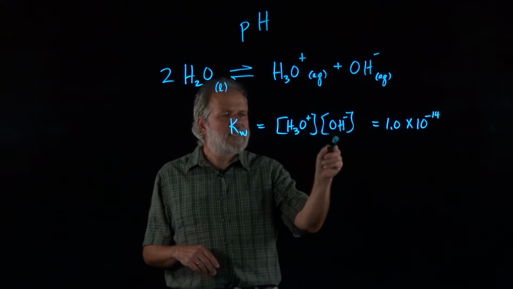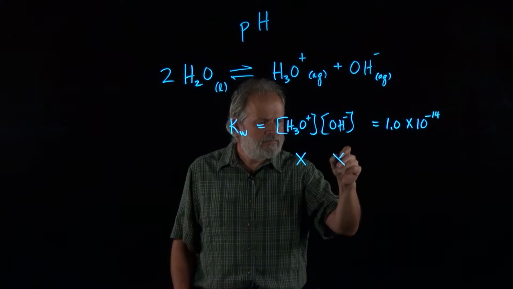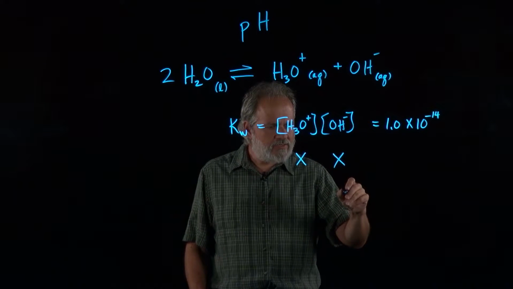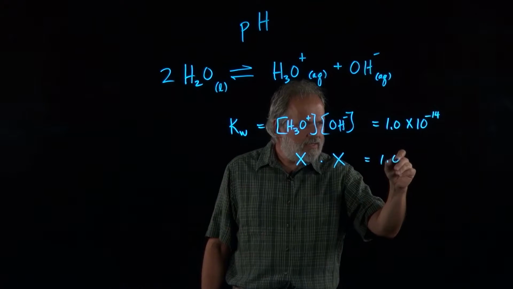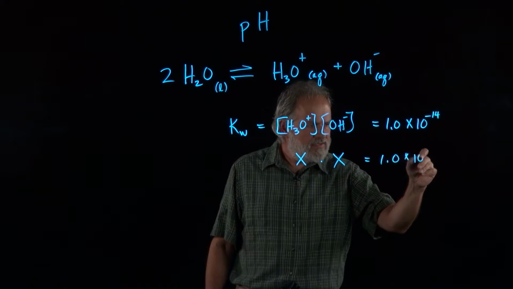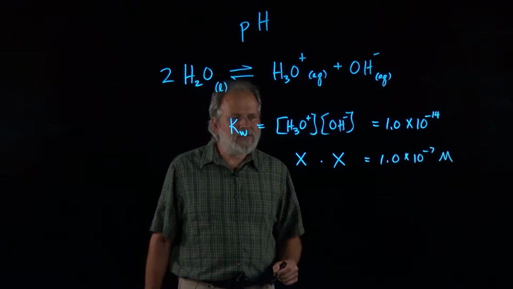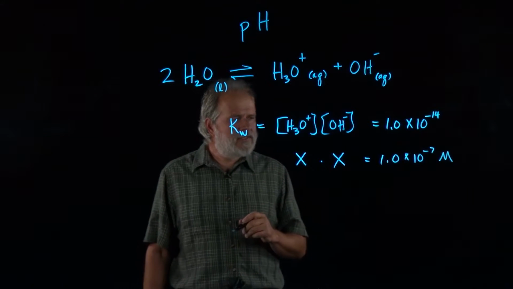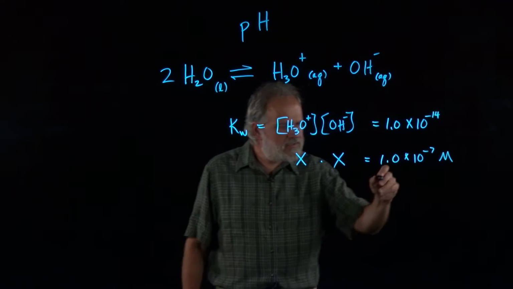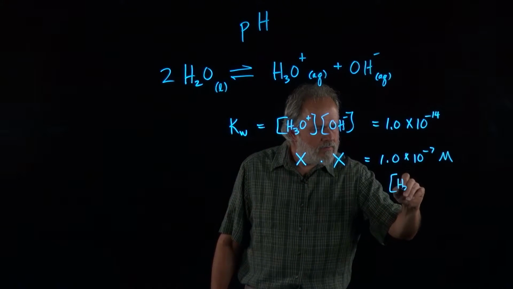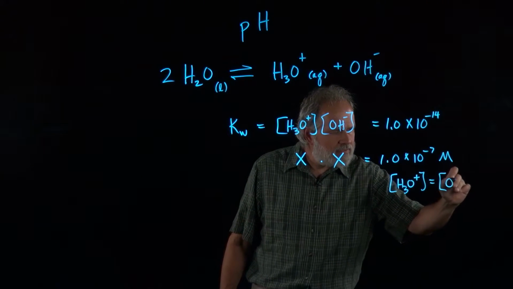So if these are the same, some number x, we get a simple equation that x squared equals 1 times 10 to the minus 14. Okay, technically activity, but we're going to say the concentration is 1 times 10 to the minus 7 molar. And so now that's the amount of H3O plus and the amount of hydroxide.